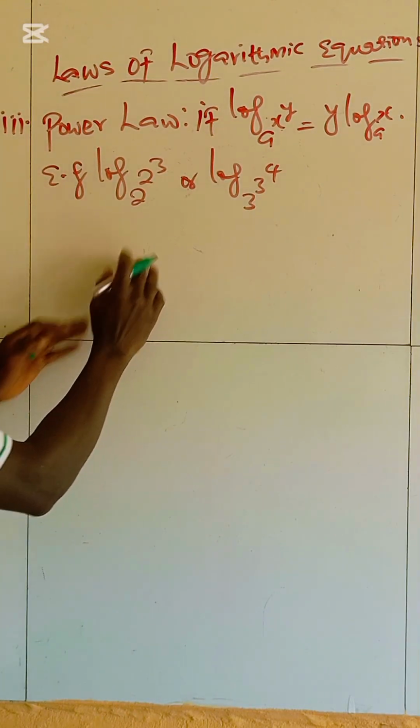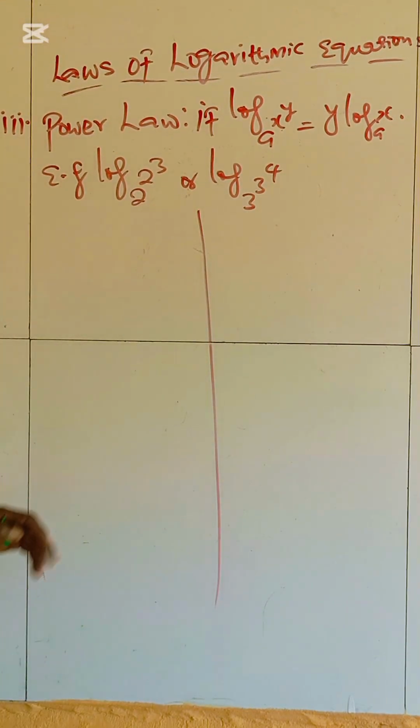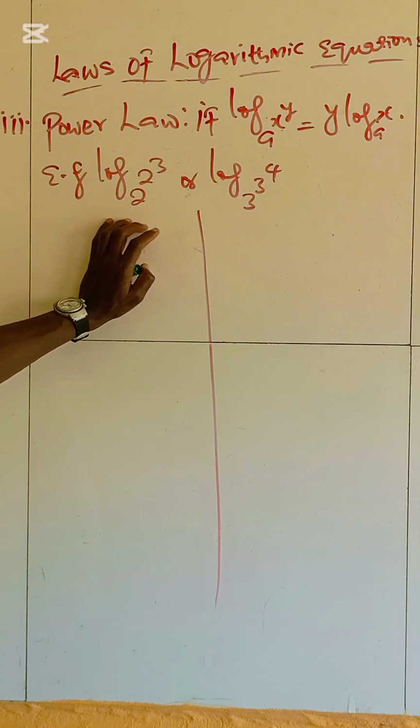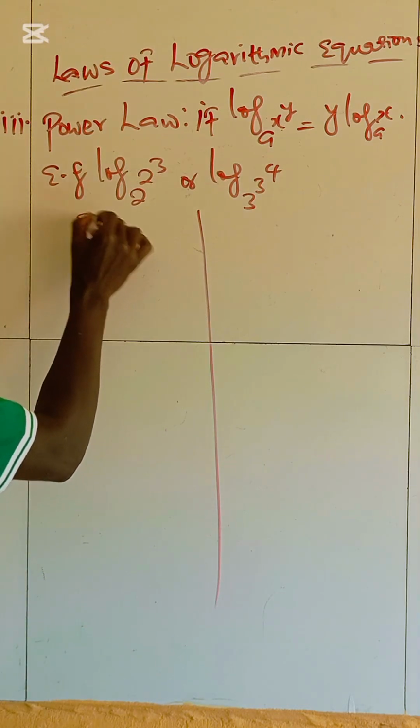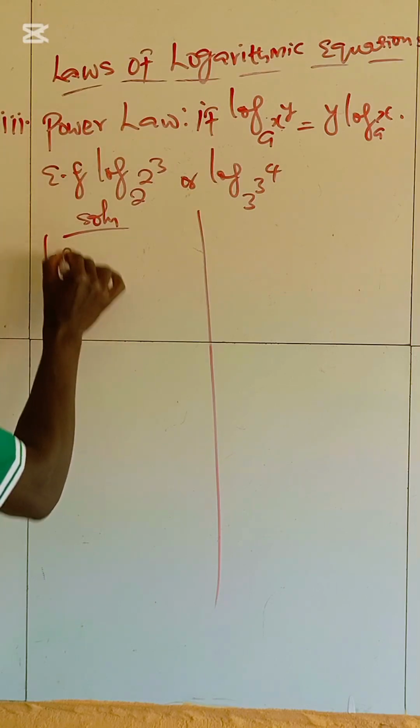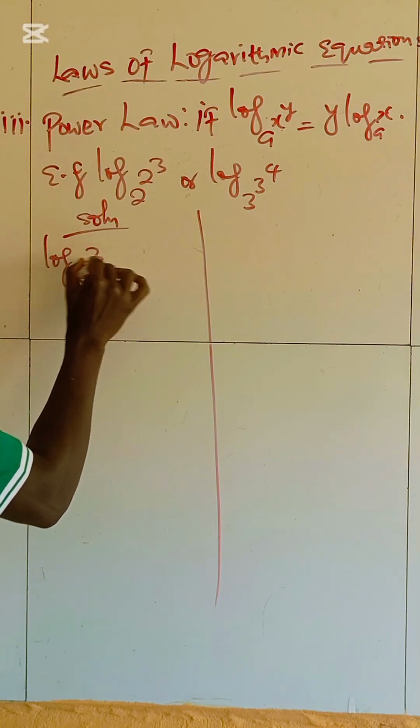But if you want to solve this, what you should look at critically is this. We are having logarithm to base 2 of 2 to the power of 3.